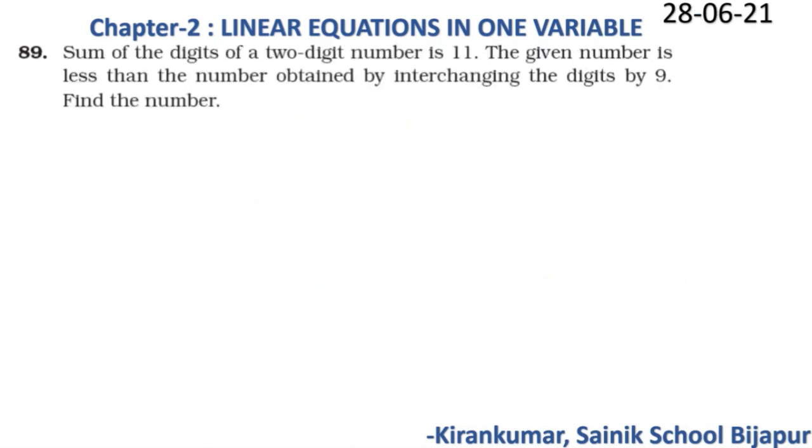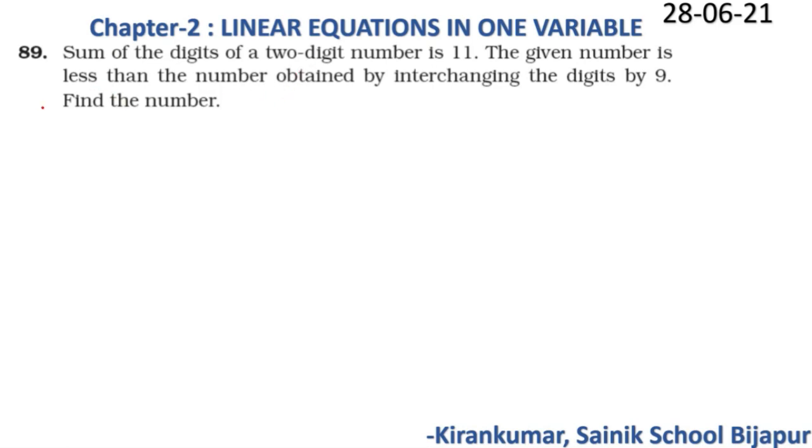Question number 89. The sum of the digits of a two-digit number is 11. The given number is less than the number obtained by interchanging the digits by 9. Find the number.